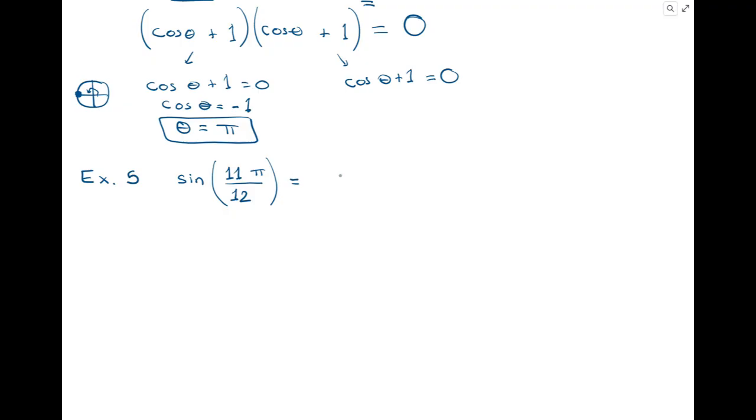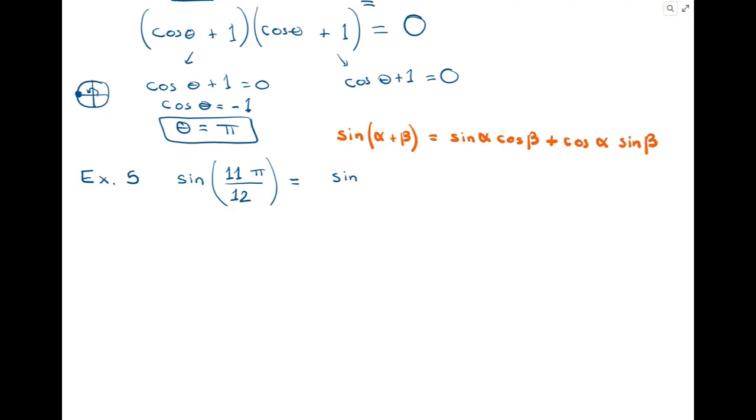And that's going to be equal to sine. So at this point, what I'm trying to do is see if I can use the sum formula. I want the sine of an angle alpha plus beta to be equal to sine alpha cosine beta plus cosine alpha sine beta.